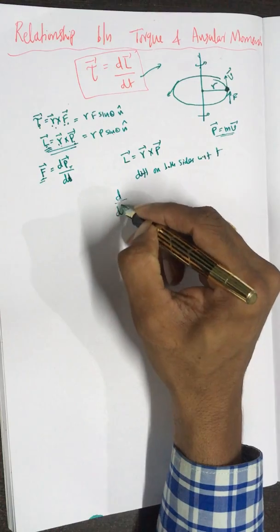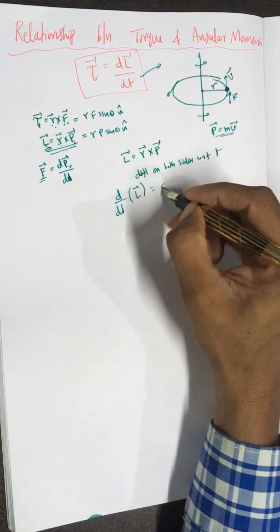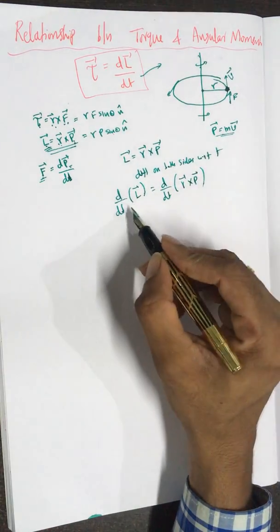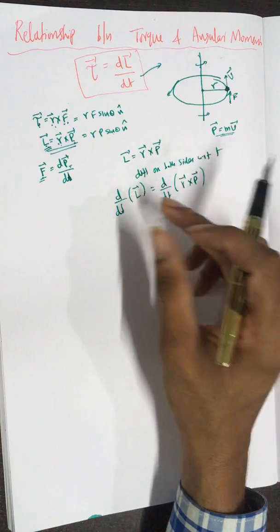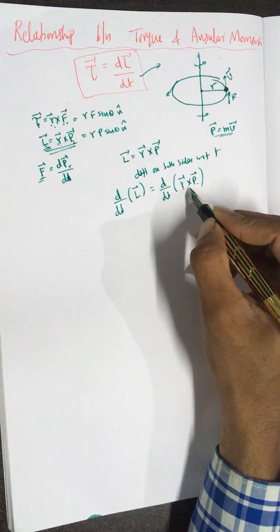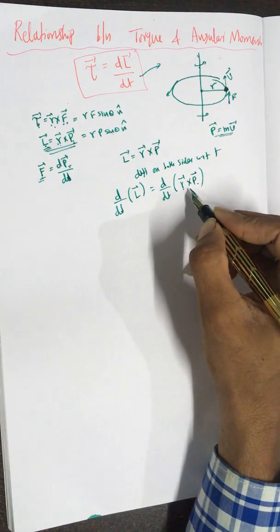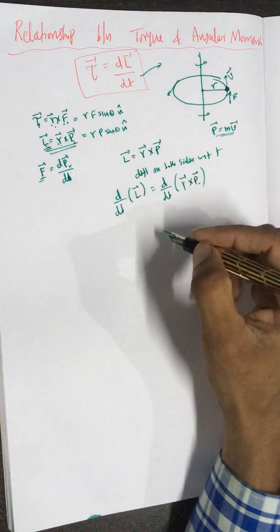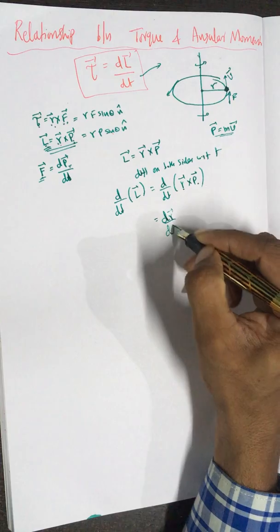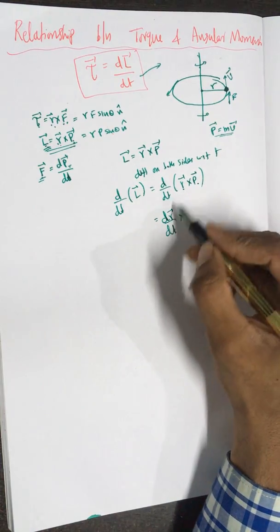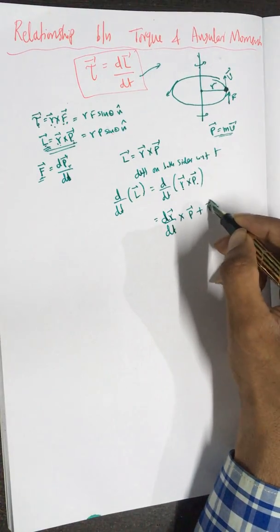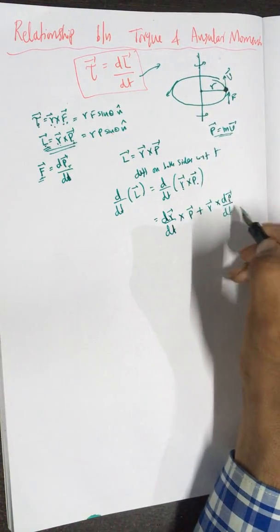So d by dt of L vector on the left hand side, and I will do the same to the right hand side, r cross P. Since r and p are both parameters here, I will differentiate one by one, because I have to make use of the chain rule. So first I keep dr by dt, the differentiation of r vector with respect to time, cross p vector, plus, now I differentiate p vector with respect to time.